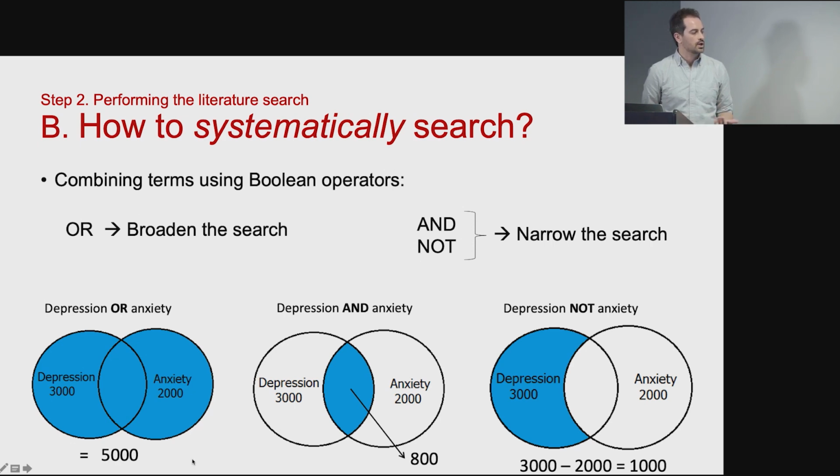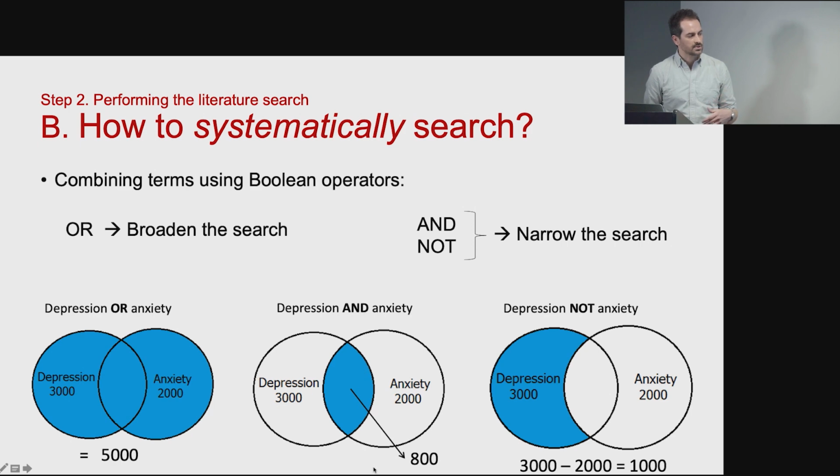For example, if you want all the articles that talk about depression or anxiety, you write depression OR anxiety, and you pick articles that are on at least one of these two topics. If you want papers on the topic of depression and anxiety together in the same paper, you want to use the AND operator.